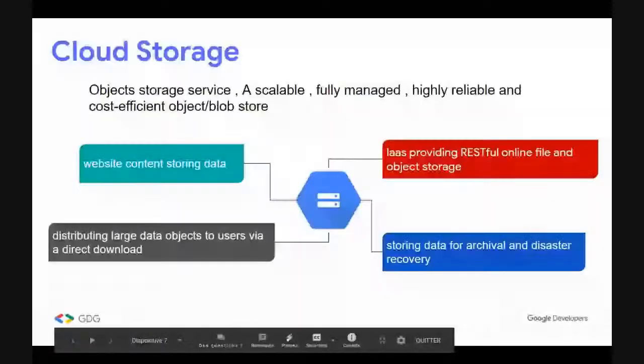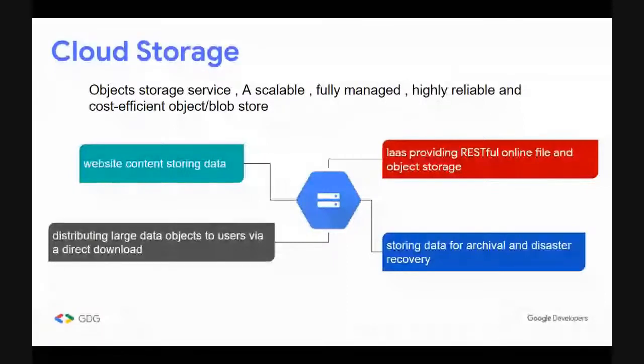Let's start with Cloud Storage. Google Cloud Storage is an object storage service offered by Google Cloud. It provides some very interesting out-of-the-box features such as object versioning and fine-grained permissions that can make development easy and help reduce operational overhead.